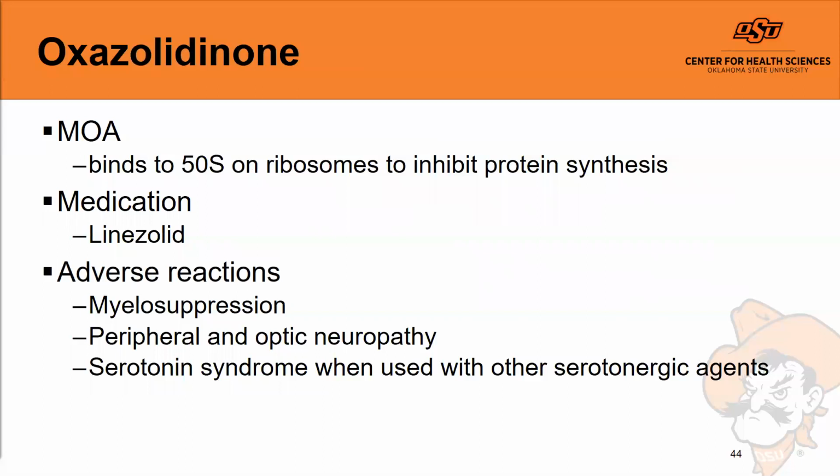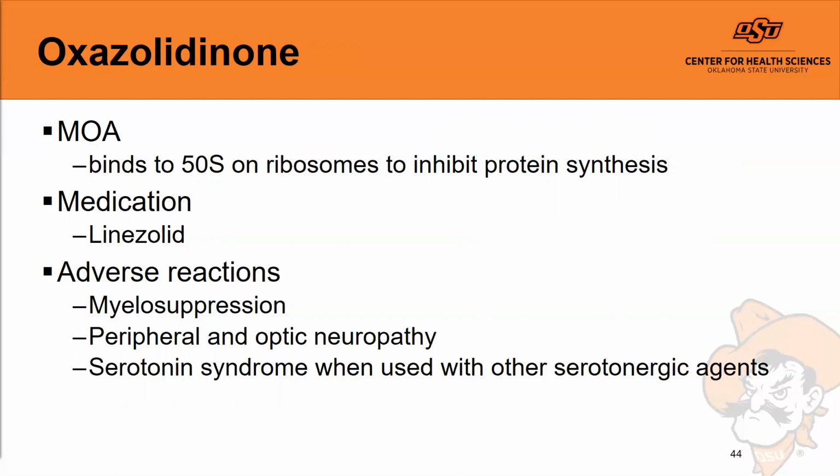Next are the oxazolidinones. Linezolid binds to the 50S subunit on ribosomes to inhibit protein synthesis. With this medication, serious myelosuppression can be seen, especially at greater than 14 days of therapy, but you can see it sooner.